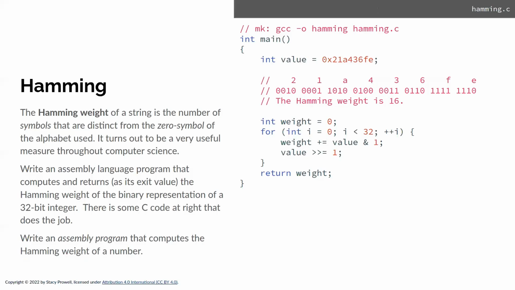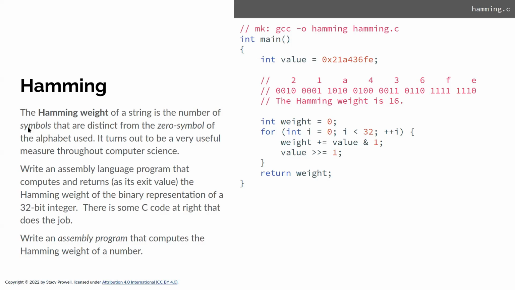What I want you to do is write some code that computes the Hamming weight of a binary number. That may sound ugly, but it's not too ugly. You may already know what Hamming weight is. It's something that shows up in computer science all the time.